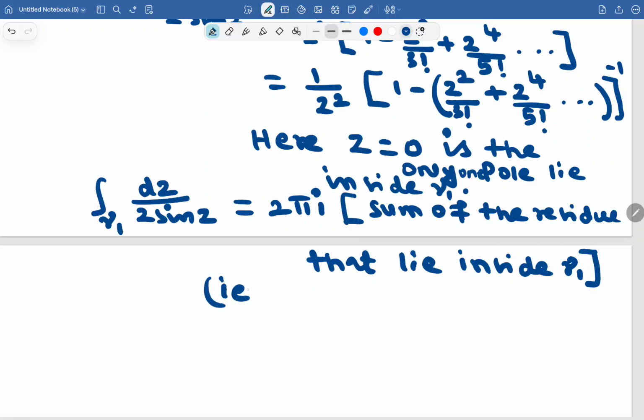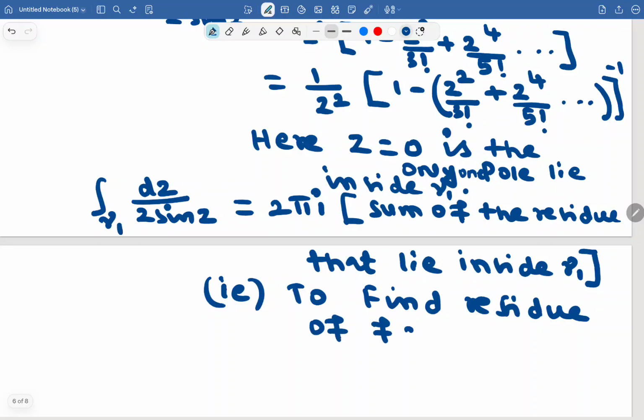That is, we have to find the residue of f(z) at z = 0 for the above.